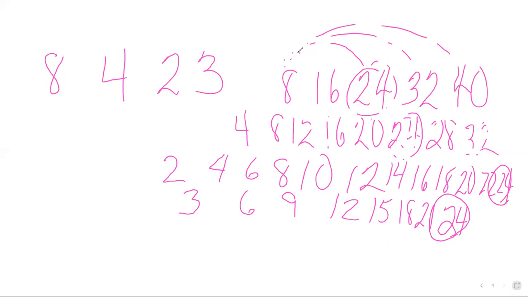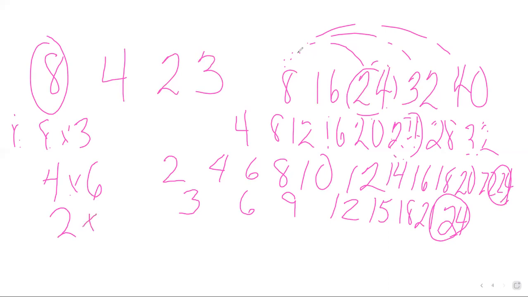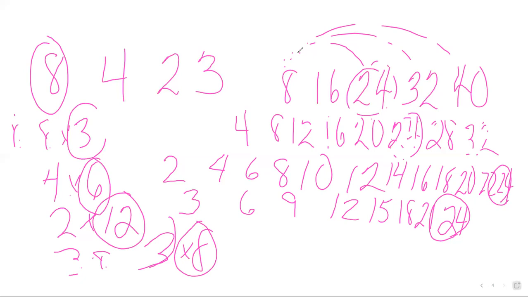So 8 times 3 gives me 24. 4 times 6. 2 times 12. As you can see, it takes 12. And then 3 times 8. These are all things I've got to keep in my mind.